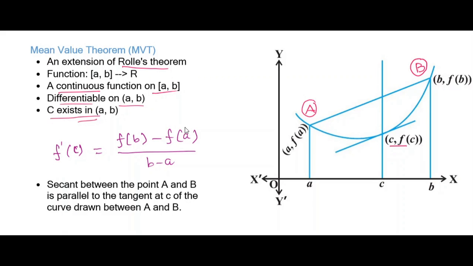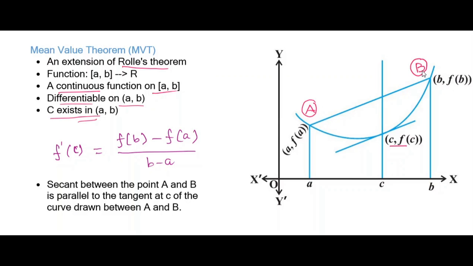Let us consider this graph. Now let me put this A. This point is, that is a function of A, that itself is another point here. So A comma f of A is indicated as capital A here. Similarly B comma f of B is supposed to be B here.